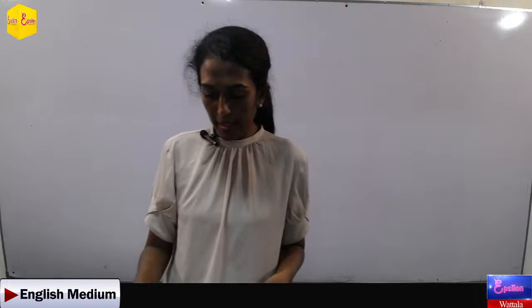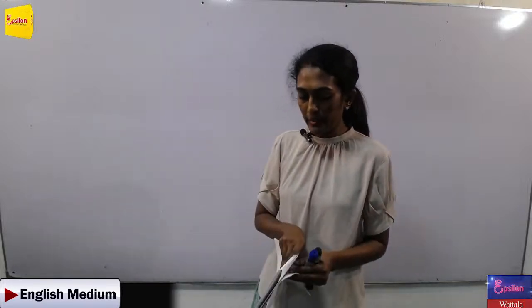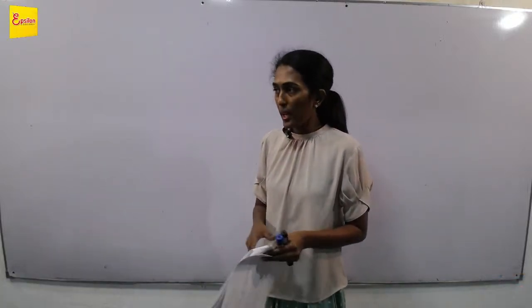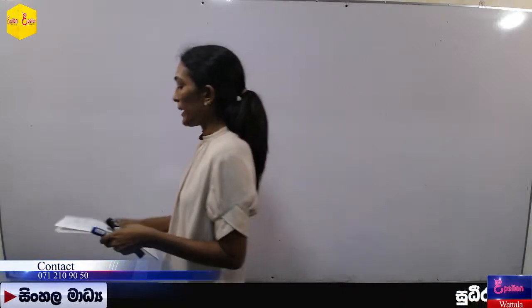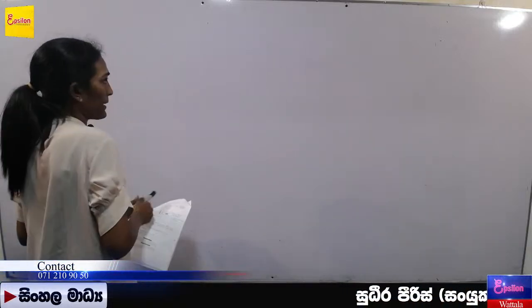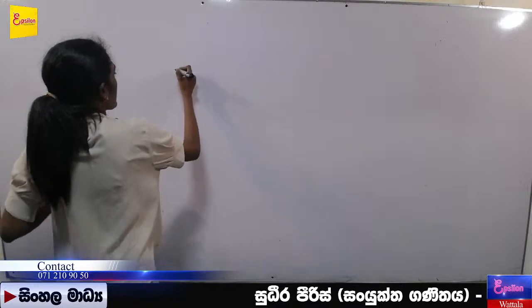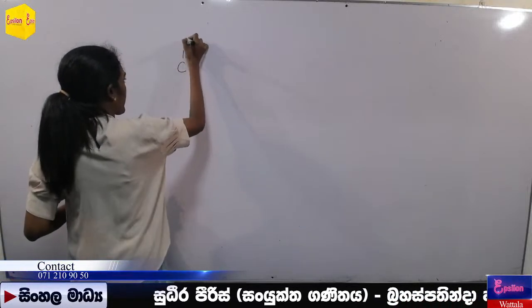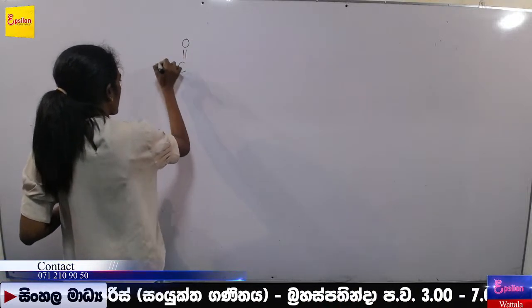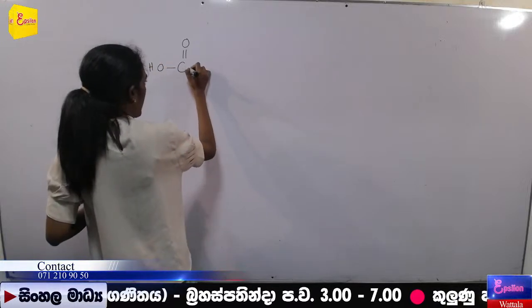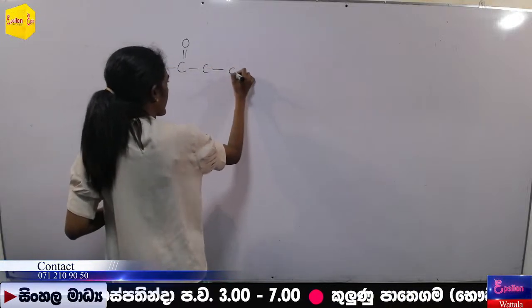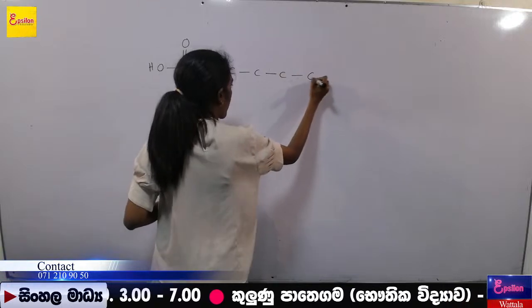Very good. Right. Now I'm going to the next one, which is saturated fatty acids and unsaturated fatty acids. I'm drawing one molecule of fatty acid. This is the carboxyl group and here is the hydrocarbon chain.